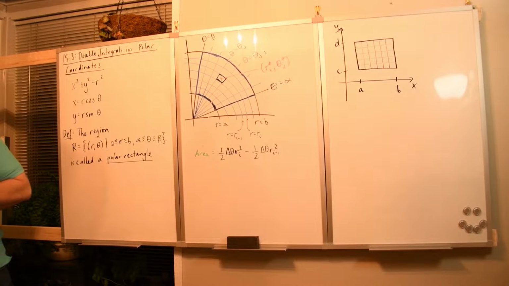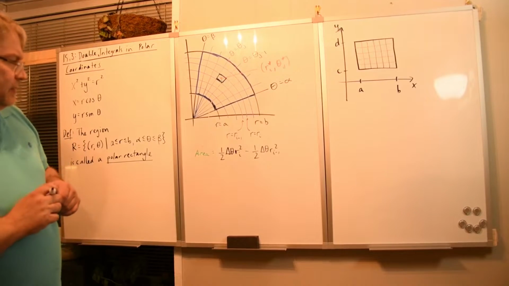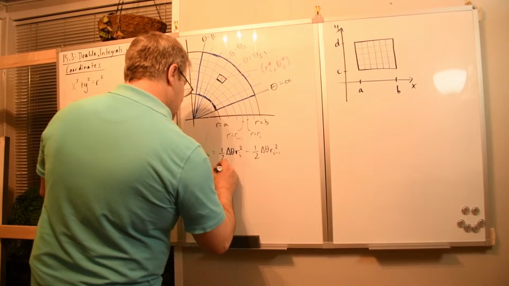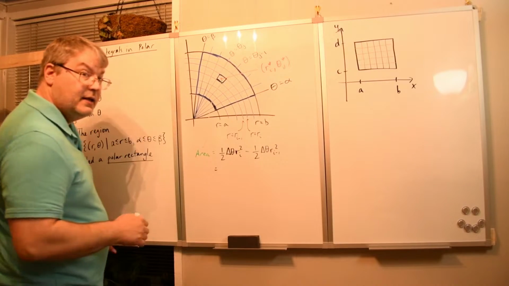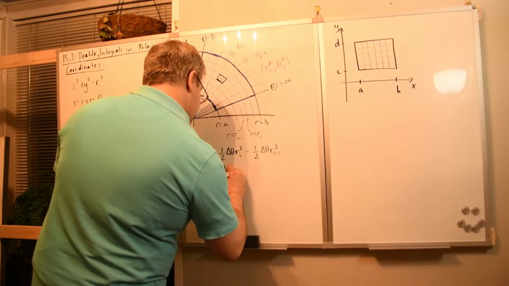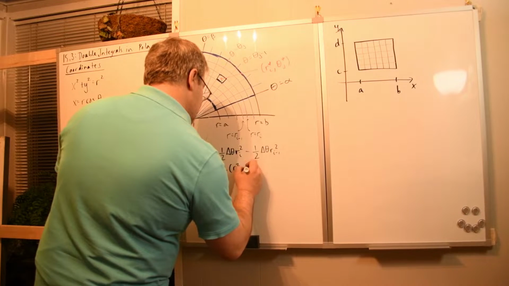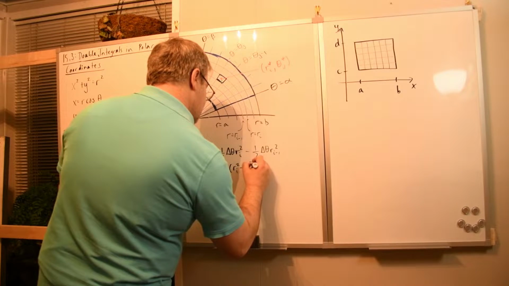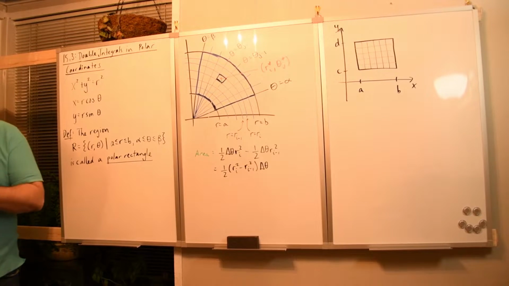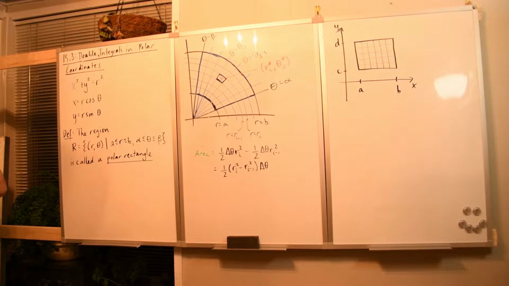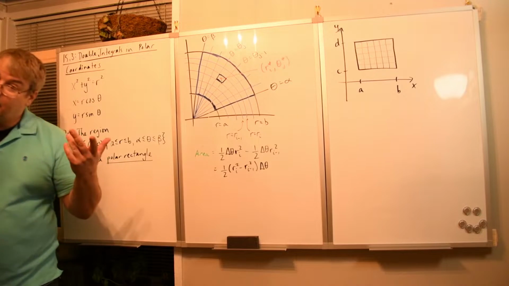Now, to take a closer look at this, we notice that this area is actually going to be equal to, well, you can factor 1/2 out, you can factor a delta theta out, and what you'll have is 1/2 times r sub i squared minus r sub i minus 1 squared, times delta theta. Okay, this r sub i squared minus r sub i minus 1 squared is the difference of two squares.